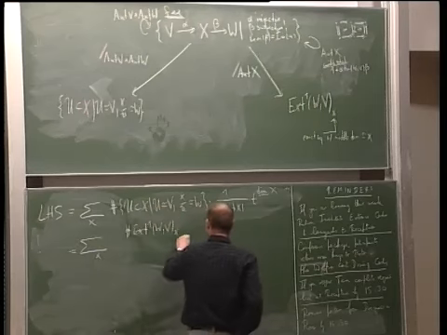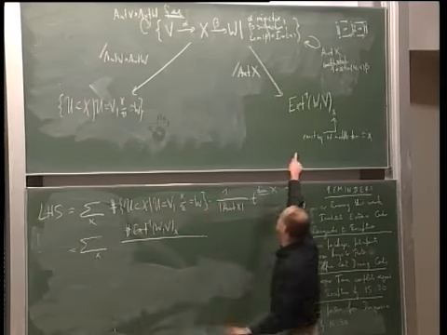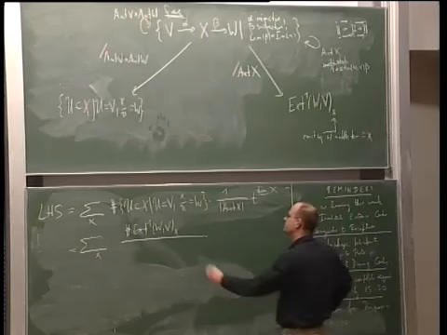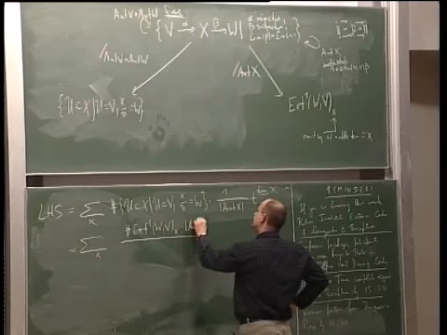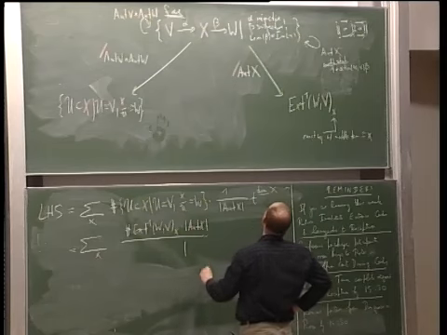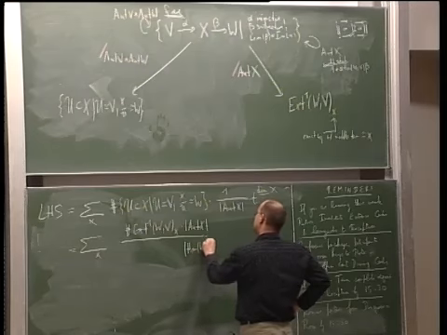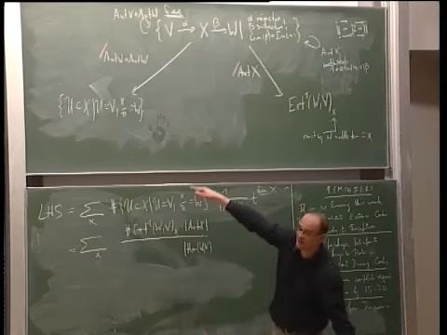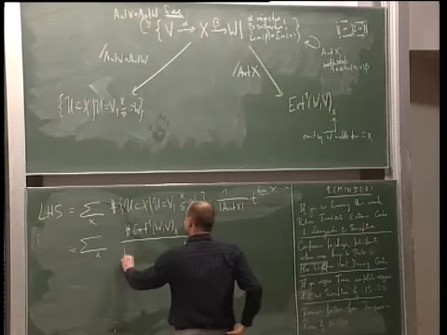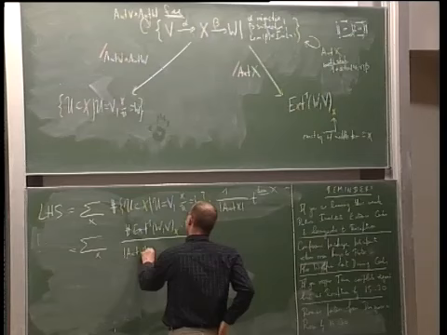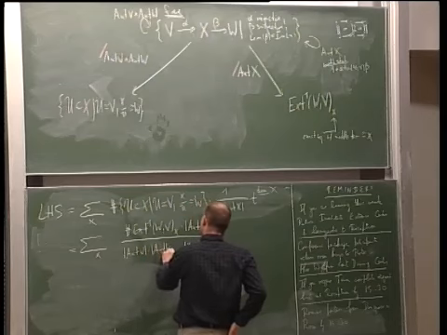multiplied by the cardinality of the fiber of this map to the right, which is the cardinality of Aut x divided by the cardinality of Hom, and then divided by the cardinality of the fiber of the left-hand side, which is Aut v times Aut w.